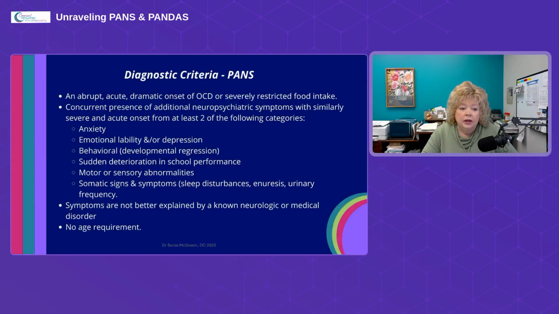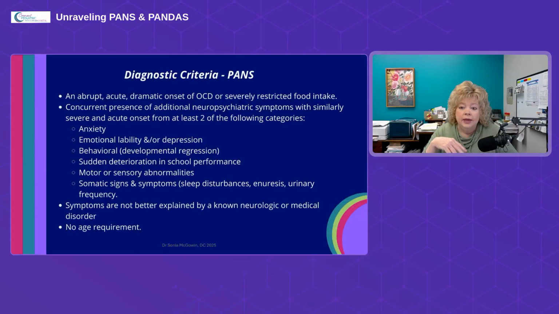We also see a concurrent presence of additional neuropsych symptoms with a similarly severe and acute onset from two of these categories. So it could be anxiety, which would include separation anxiety from parents or other close family members. We see emotional lability and/or depression. Lability means up and down, so highs and lows in terms of their emotions.